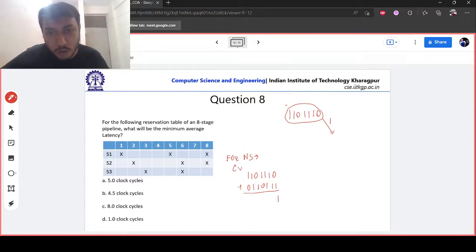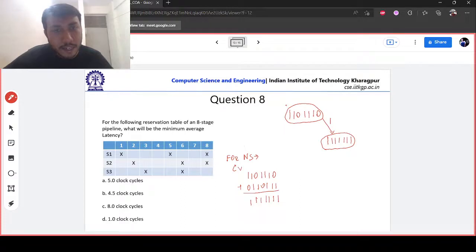So it will be 1, 1, 1, 1, 1, 1, 1. So this state will be 1, 1, 1, 1, 1, 1, 1. Right, this is the one state.